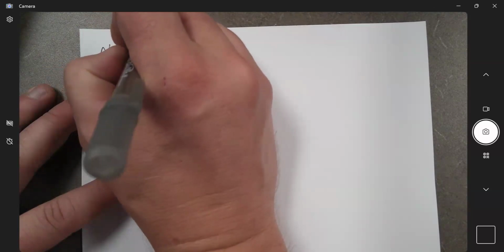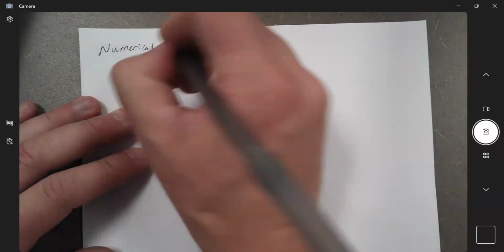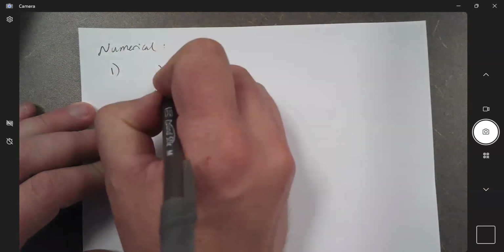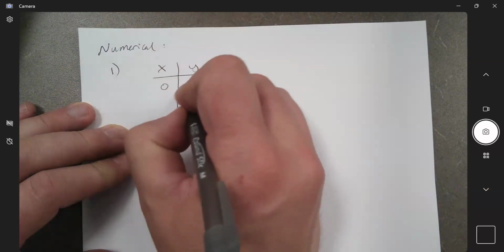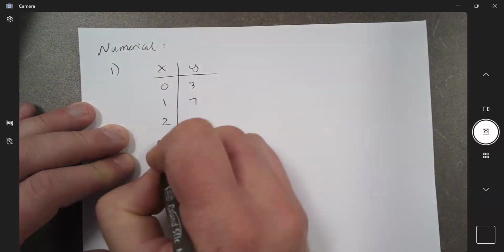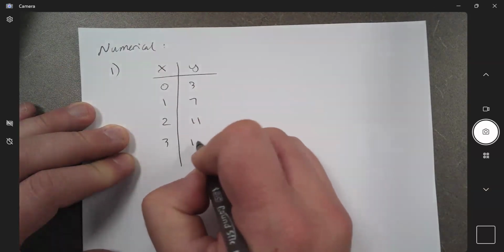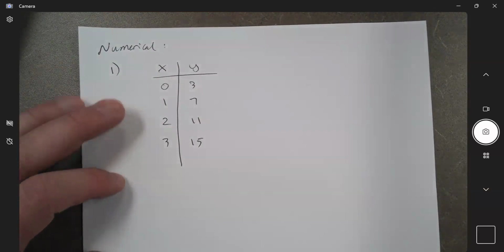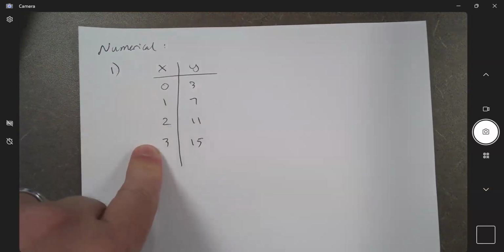So there's a number of different subtle differences here. The first example might be represented by x goes from 0, 1, 2, and 3.